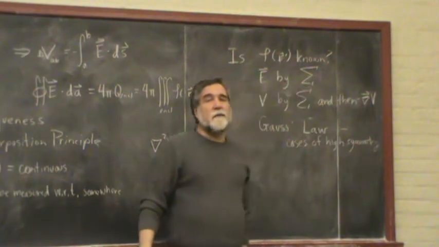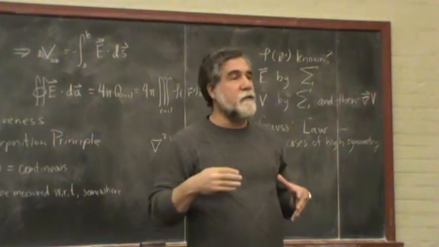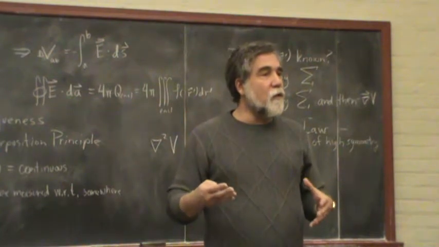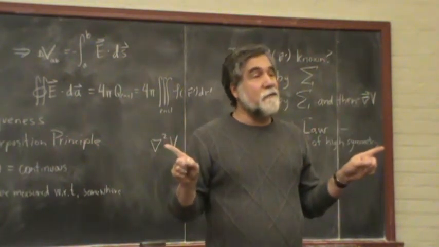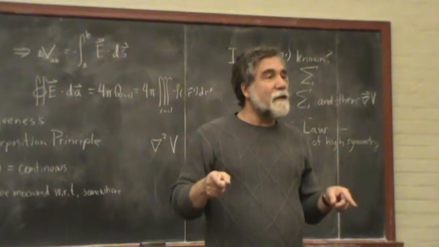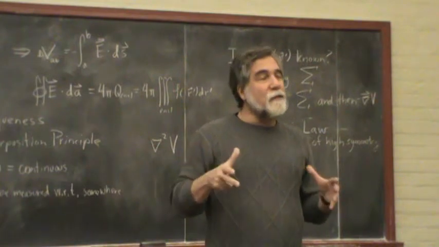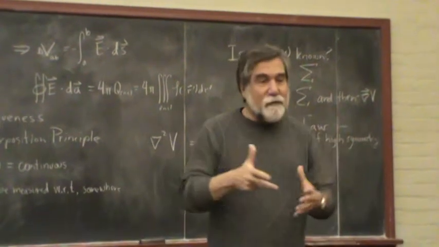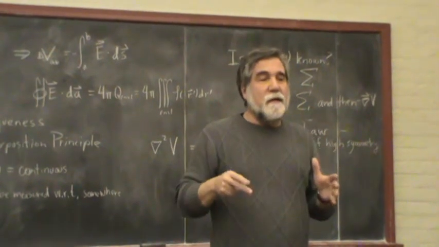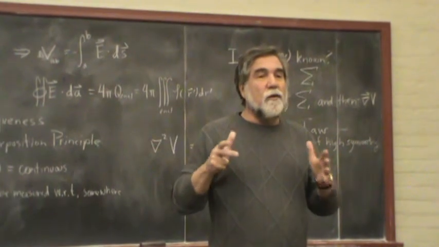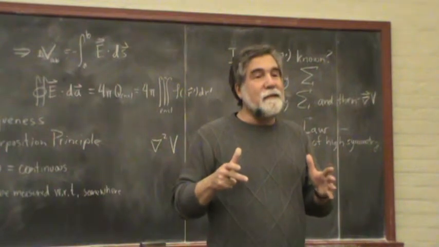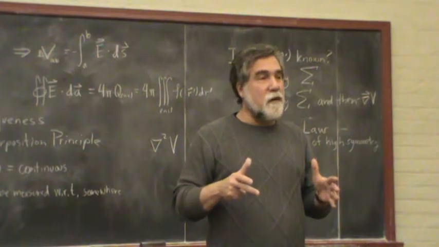You have to be able to draw a surface over which the electric field is either a constant and always normal, or the flux through the surface is zero because the electric field is parallel to it. If you can't get zero or a constant times the area for every subsurface of your Gaussian surface, then you're probably doing it wrong, and you shouldn't use Gauss's law.